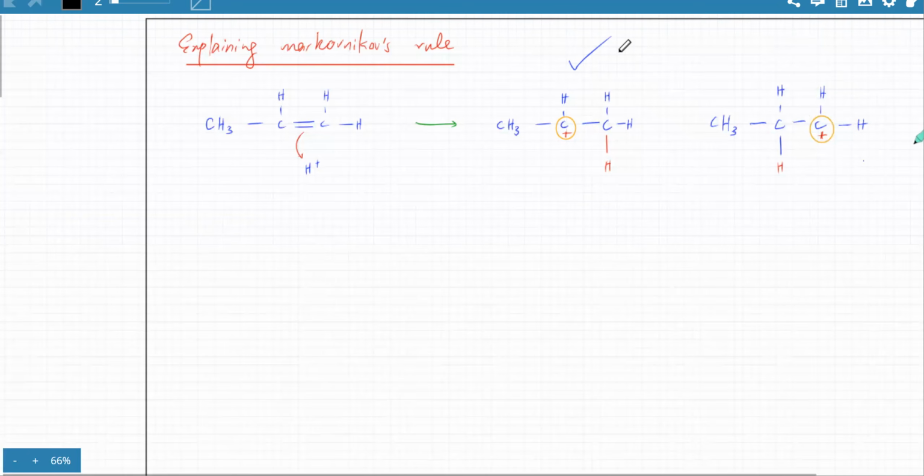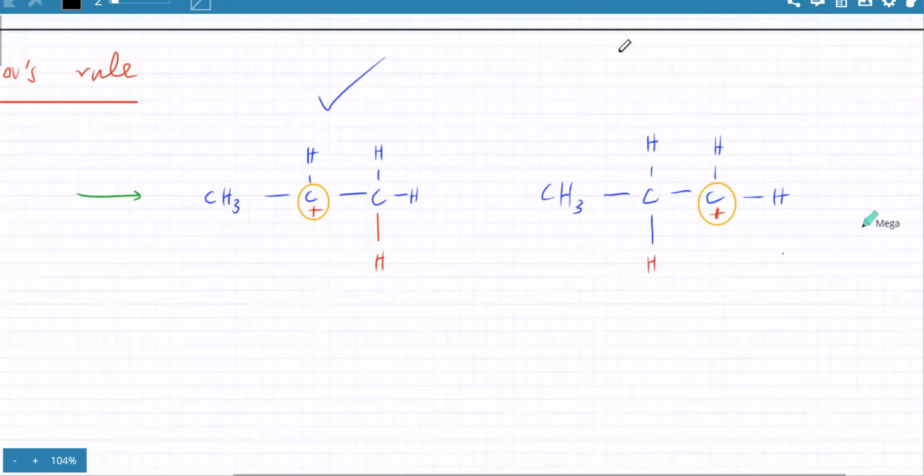The positive charge is not exactly the same. Let me make this bigger. One of the positive charges is actually bigger than the other one. I mean, they're both positive. I'm talking about the charge density. So what I'm going to do is, let's focus on the positive charge over here, the first one.